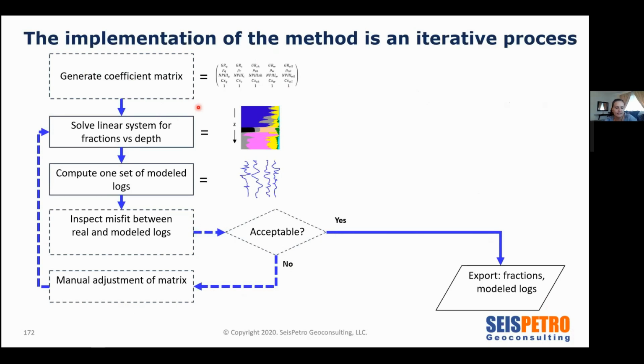From those processes, there are a lot of them that are manually done. So what we try to do with iMineralysis is use some artificial intelligence. In this case, what we used was a genetic algorithm to help with some of those manual pieces. We're going to replace this inspection of the real and model logs and the adjustment.